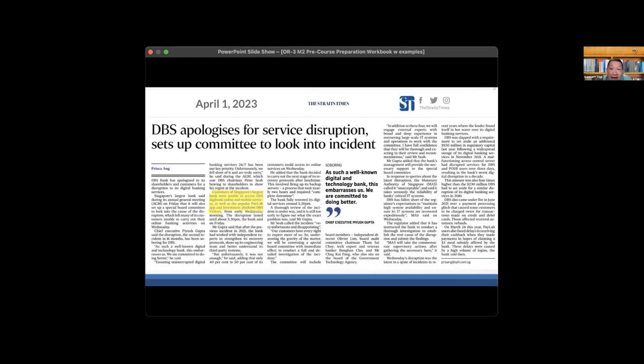All right, so that's what I have as well. And I just flashed a news article, first of April, not April Fool, by the way. Something really happened. Sorry, you have to squint your eye a little bit, but I should have blown it out. I highlighted that customers of Singapore's largest bank were unable to access DBS digibank online and mobile services, as well as PayLah.